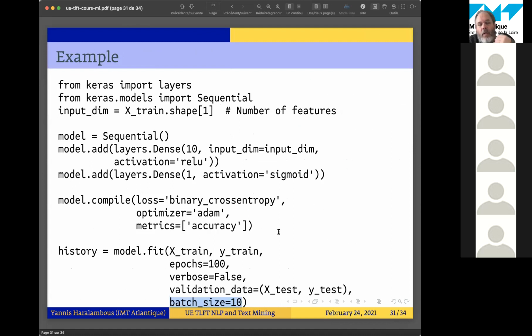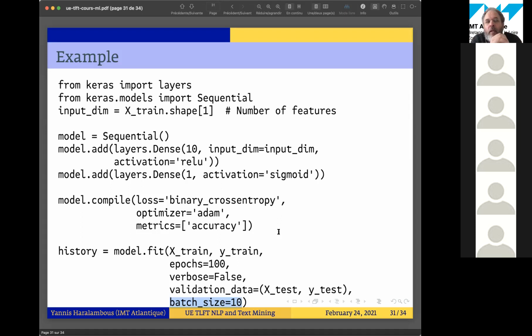Instead of improving our parameters on every individual, we take averages of individuals. How many averages? As many as the batch size. So this is a way of smoothening calculations. It reduces variance, since instead of relying on a single individual to do a calculation, we rely on more than one, on many individuals.